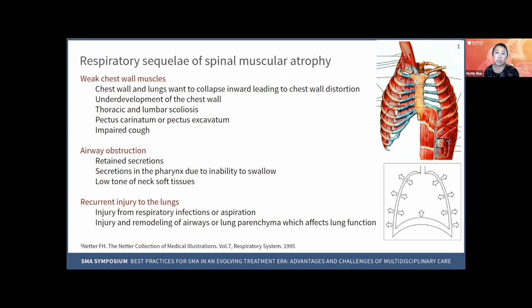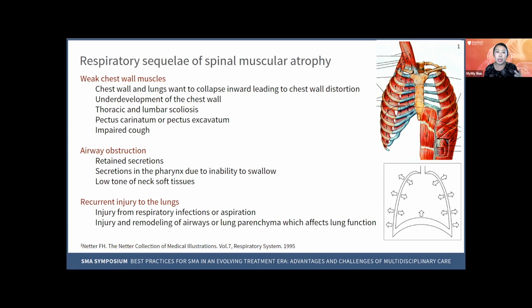Normally, the lung parenchyma wants to collapse and recoil in its natural state. So it wants to come in, whereas the chest wall itself wants to spring out. Because the chest wall is weak, it isn't able to counter the inward drive of the lungs to collapse.